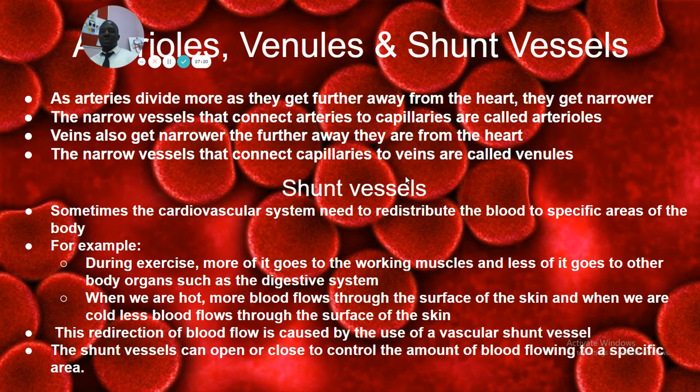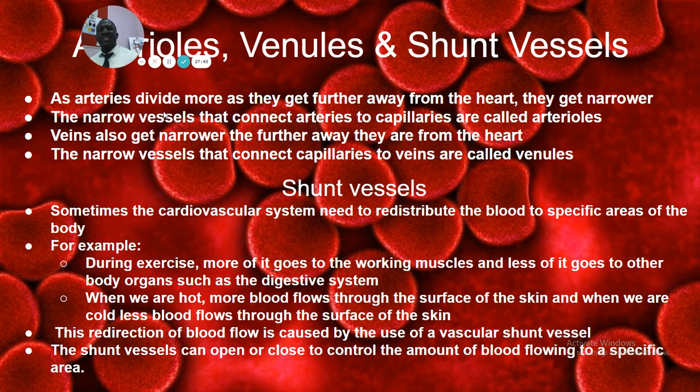So we have what we call shunt vessels. Arterioles, venules, shunt vessels. Now listen to this. As arterioles divide more, as they get further away from the heart, they get narrower.